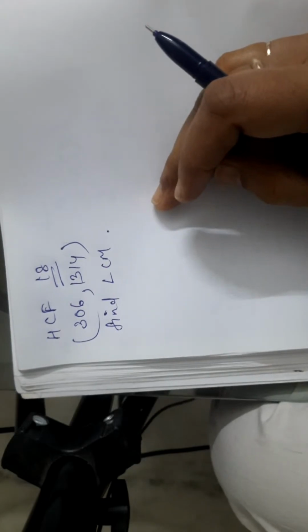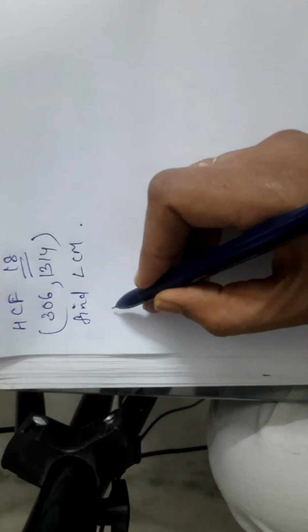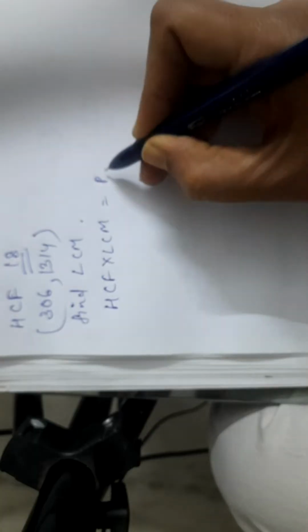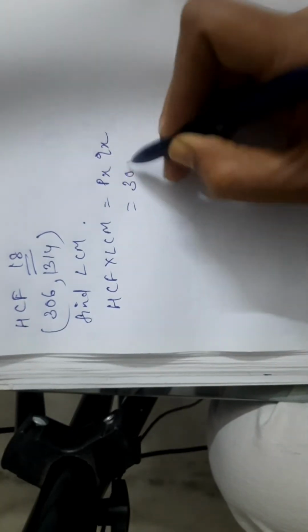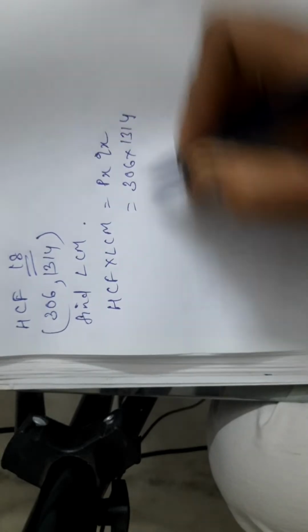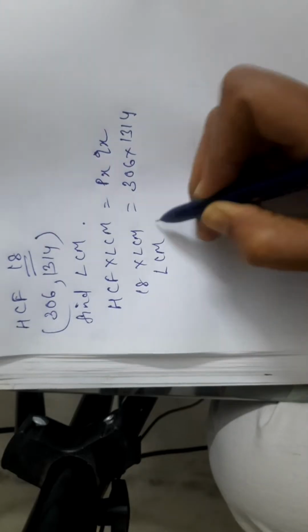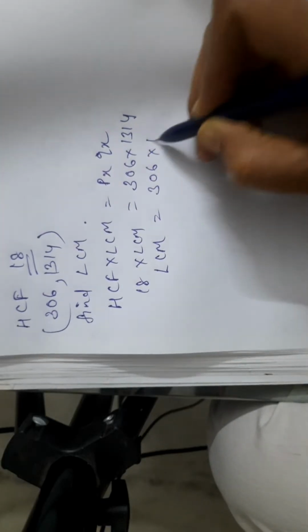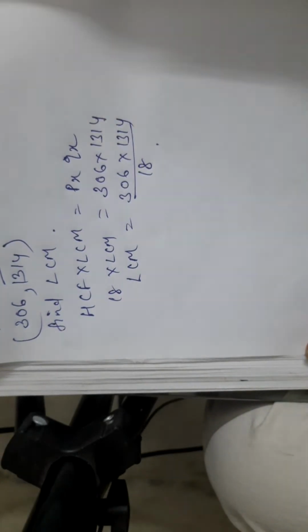You need to find the LCM for this. We can calculate this by the direct formula: the product of HCF and LCM is equal to the product of the two numbers. 306 multiplied by 1314 is equal to 18 multiplied by LCM. So LCM is 306 multiplied by 1314 divided by 18. Divide by 18 and calculate the answer.